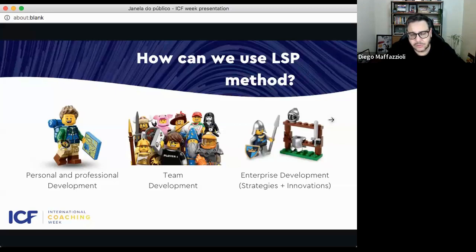But we can use it for enterprise development, to help teams understand the whole system of the company and the stakeholders, internal and external, and create strategies and seek innovation.